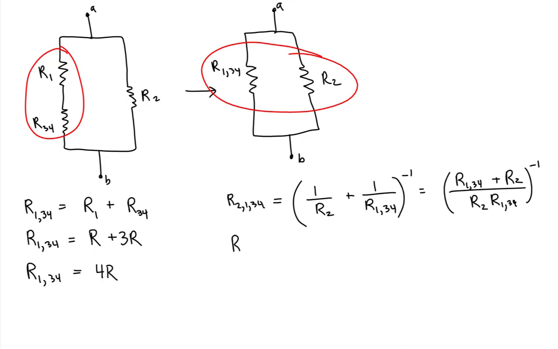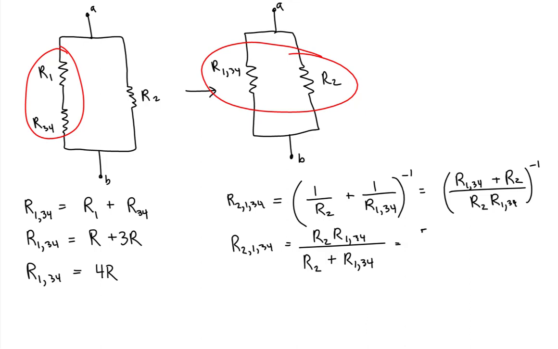So the equivalent resistance between those is equal to R2 and R1, 3, 4 divided by the sum of the resistance of R2 and the equivalent resistor R1, 3, 4.